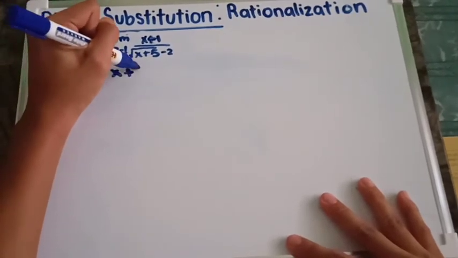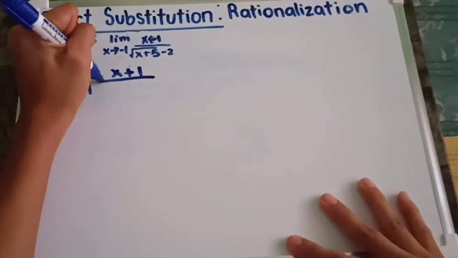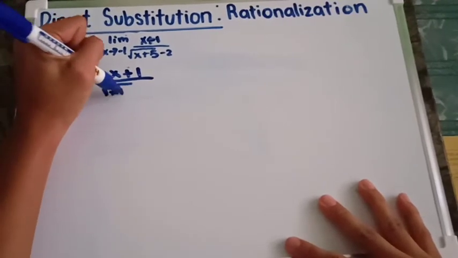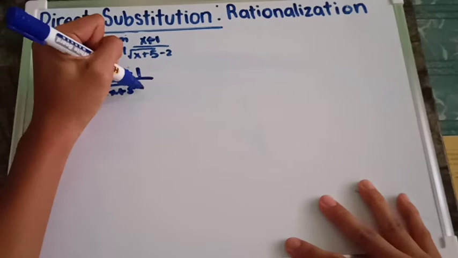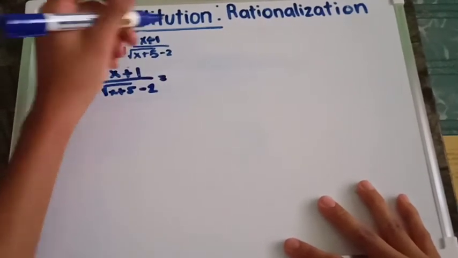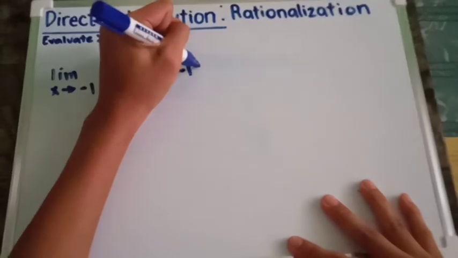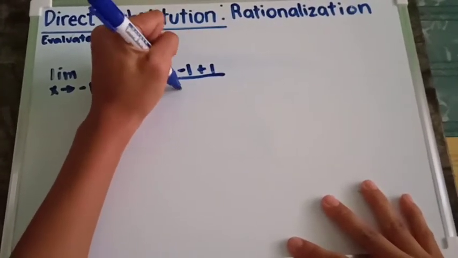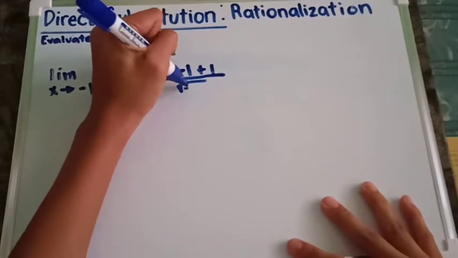First, you're going to substitute negative 1 into the equation. So negative 1 plus 1 equals 0, and the denominator is 0.